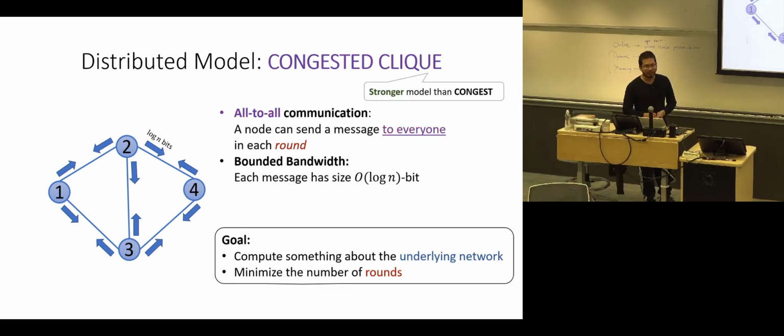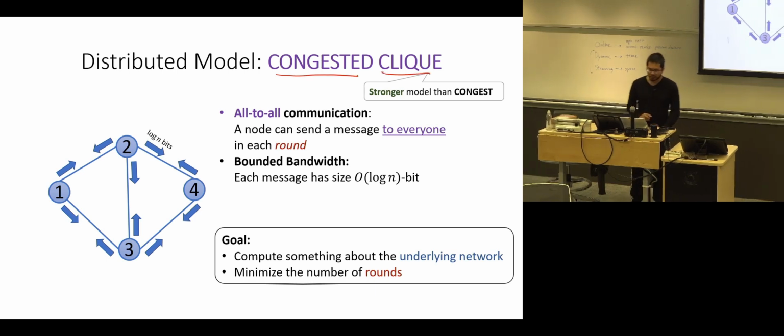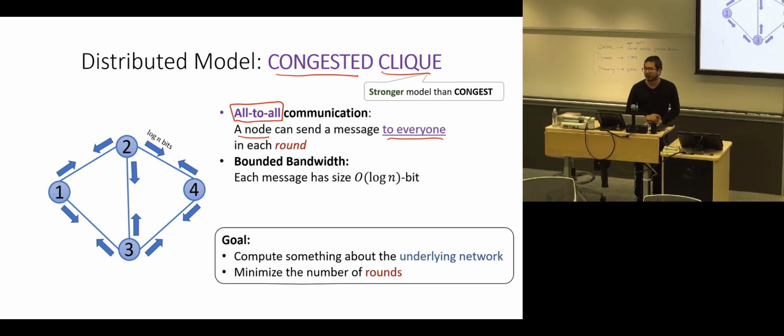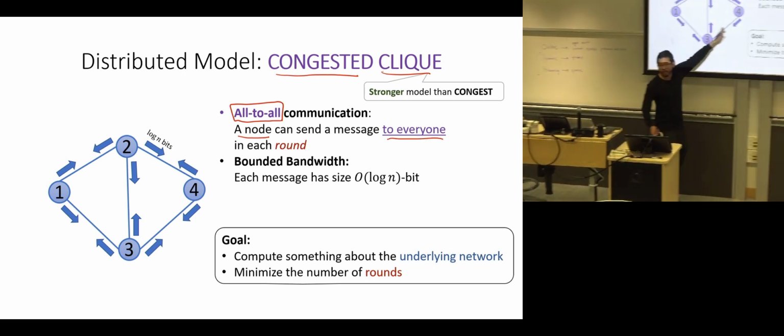Now there is some other model that is not so natural, but people look at it. It's called the congested clique model, which is just stronger. It's stronger in what sense? Now instead of local communication, you actually allow all-to-all communication. So a node can send a message to everyone in one round, even if they don't have an edge to each other.